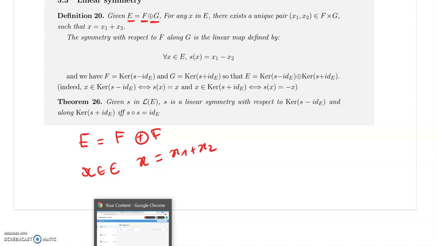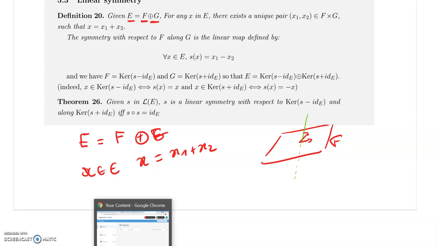And I had taken this example where, if you are in R3, F could be a plane, with its own basis, and you could say that you had a third direction.